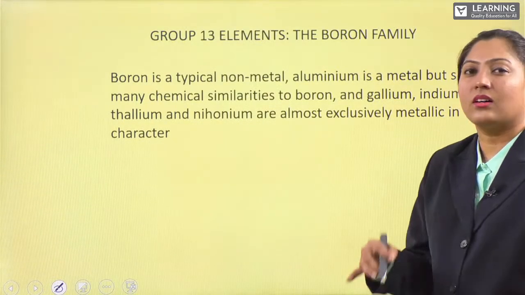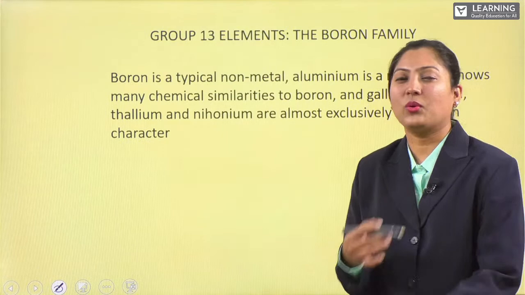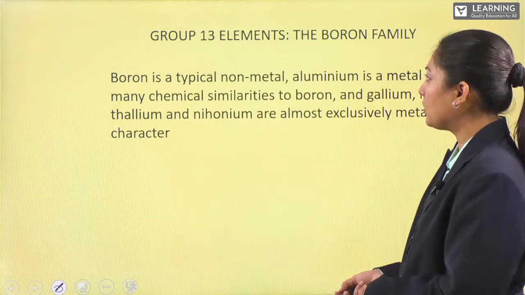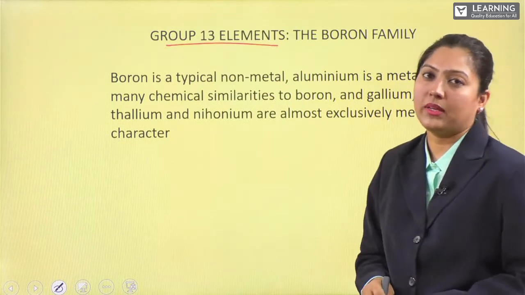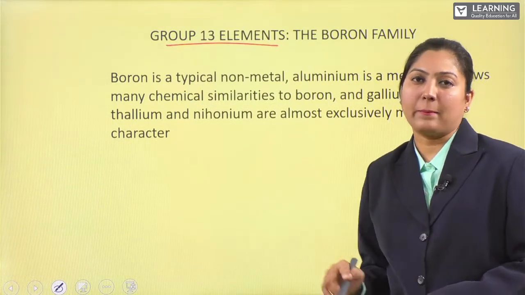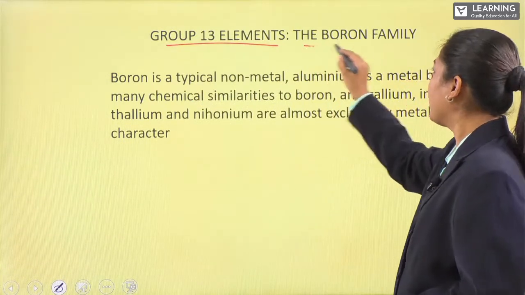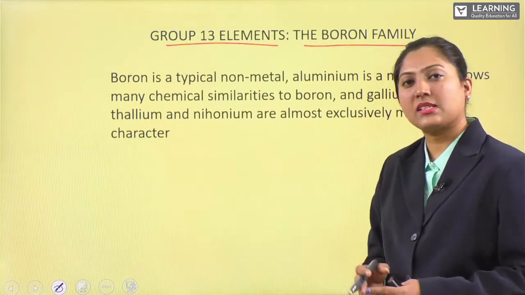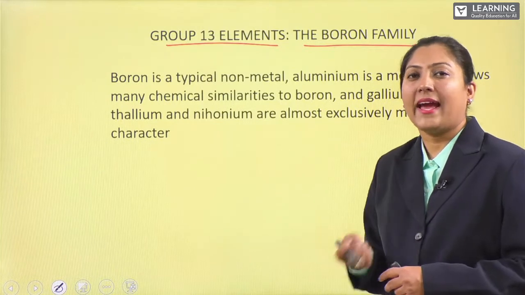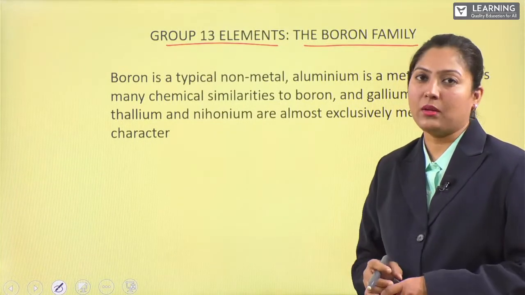Next, coming to the study of boron, we'll learn much more about it. Group 13 elements have boron as the first member, and we call it the boron family. The complete group 13 can be called the boron family, as the group is led by boron.